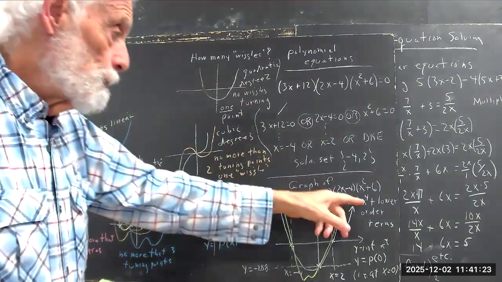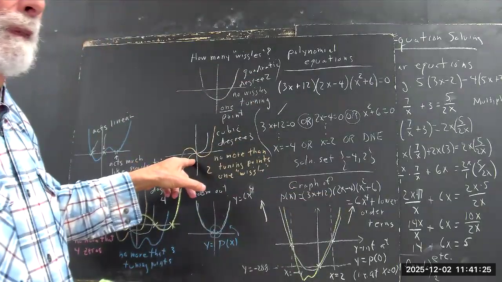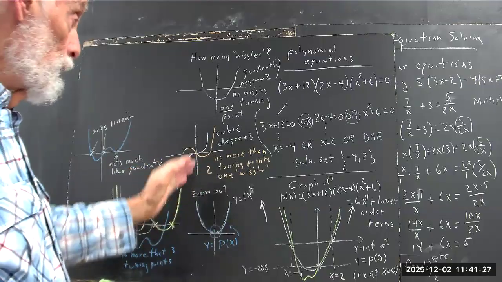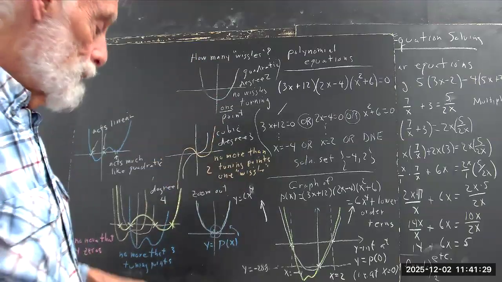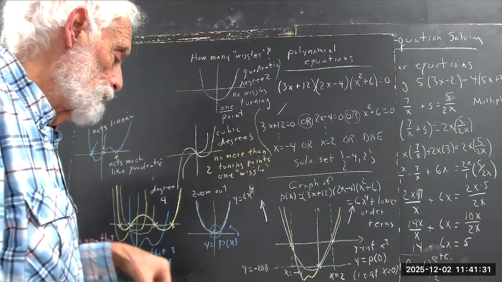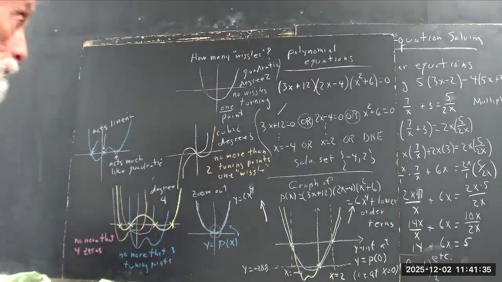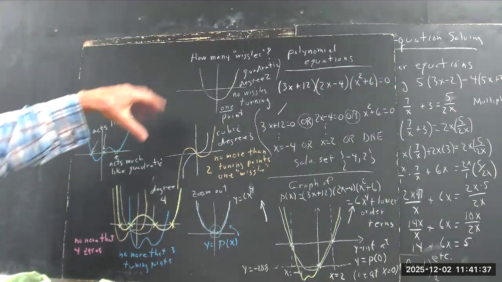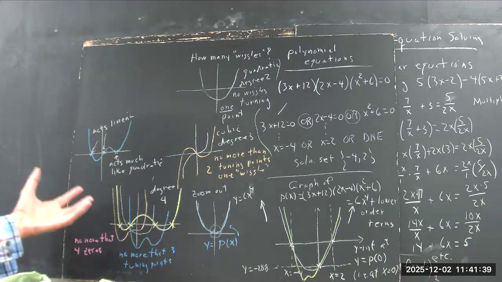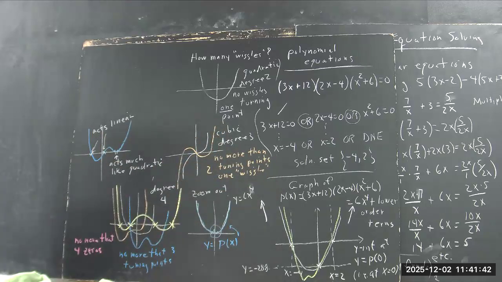If it's an odd power, it looks like the cubing function. But it's a higher power, it's flatter. And in my pre-calculus class, we did some exercises around that, and I'll probably talk about that in pre-calculus class. Okay, anyhow, that's pretty much what you need to know to graph a polynomial equation.